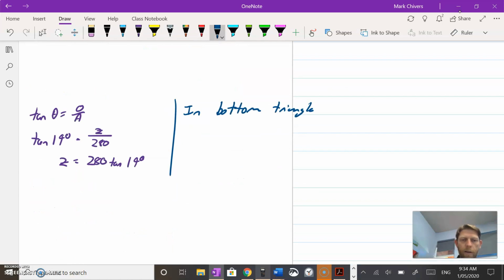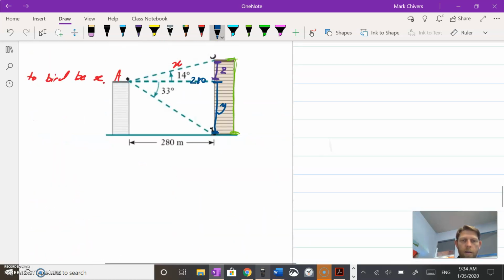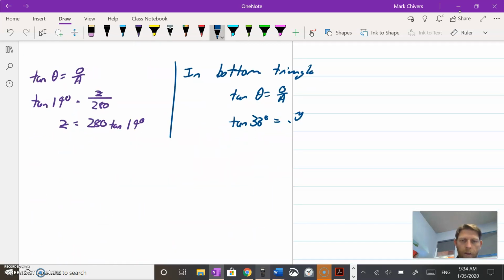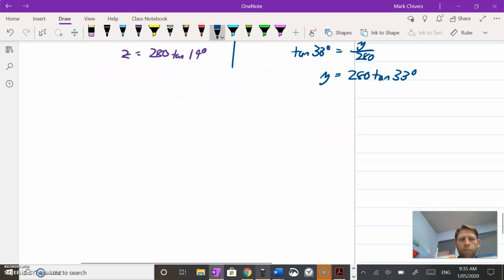So in the bottom triangle I have tan theta equals the opposite over the adjacent, and in this case it's tan of 33 degrees equals the opposite side, which is y, over the adjacent side, which is 280. So we end up with y equals 280 tan 33 degrees.